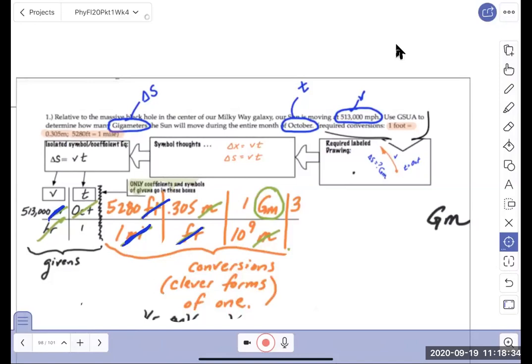You always put the big number with the small unit. I'm asking the question, how many meters are in a gigameter? Well, there's a billion. So that's how you should say it, to make sure you don't end up switching these two numbers.